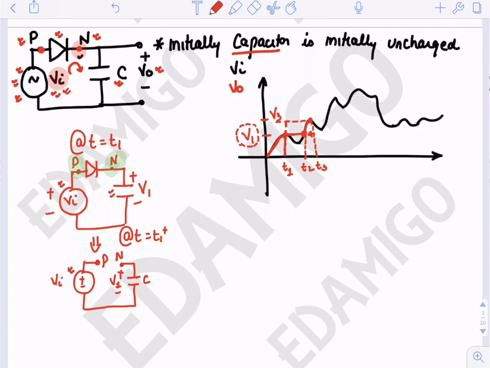Again the input is getting below V3, where V3 is the voltage across the capacitor at time instant T3, so the diode will turn itself off and the output voltage will remain constant till this point, T4. At time instant T4, the input is getting above V3, so the output will follow the input, the diode will turn itself on, and again it will be like this, and then it is like this.